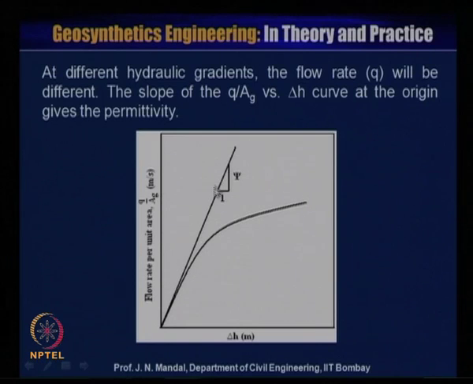At different hydraulic gradients, the flow rate Q will be different. The slope of the Q by Ag versus delta H curve at the origin gives the permittivity.